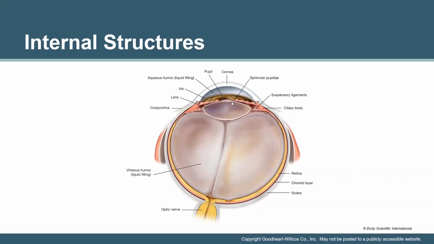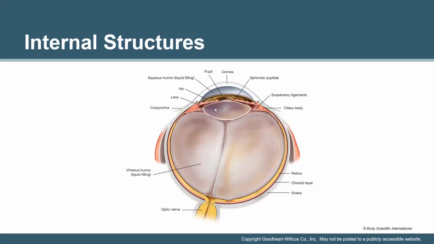Then you have your pupil. I think we know what our pupil is. That's the black dot within the center of your eyeball that allows the light through. The iris, that's the colored part of your eye. Behind the pupil and the iris, that's where your lens sits.